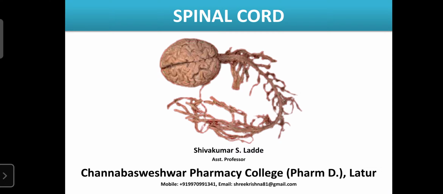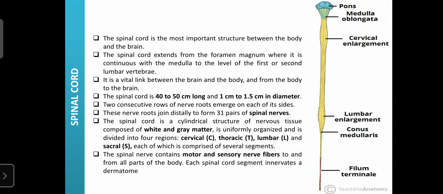Whenever motor activity or locomotion is needed, the spinal cord acts as the interconnector between the brain and the organs. That's why the spinal cord plays an important role in the regulation of various motor activities or functions.